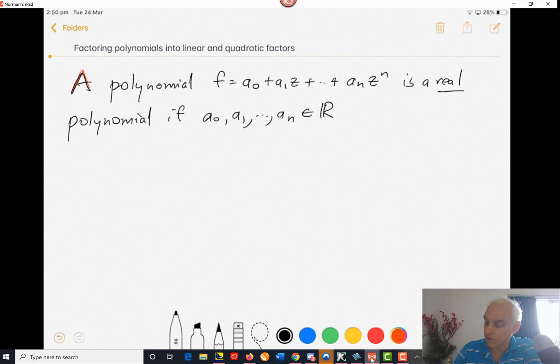In fact, these are the polynomials that you're more likely to come across. Now, they have a particular property because of the following important theorem.